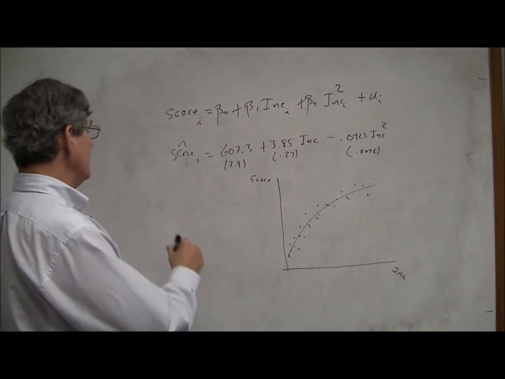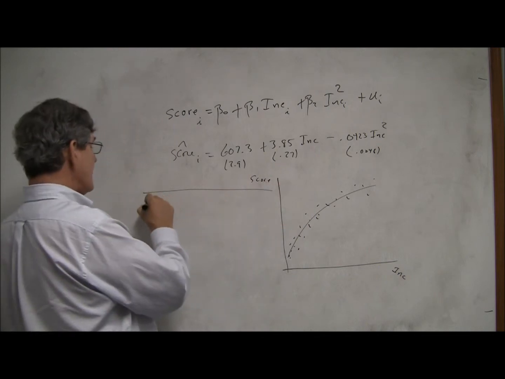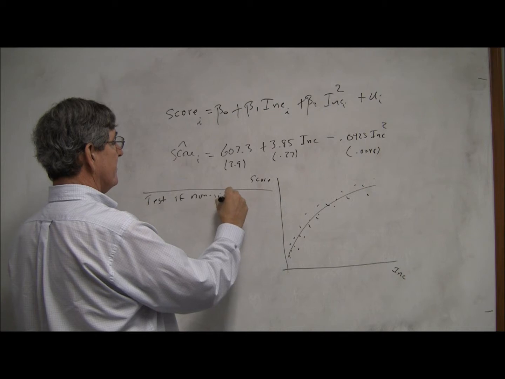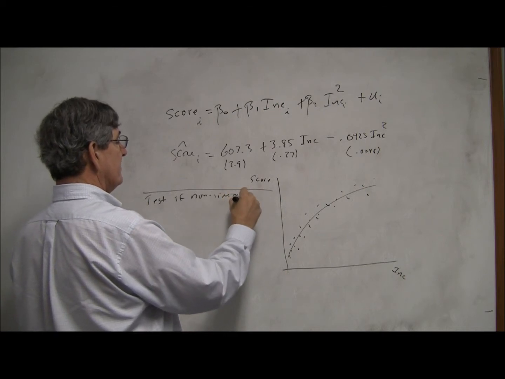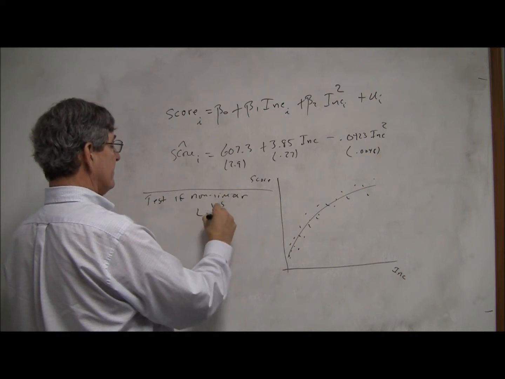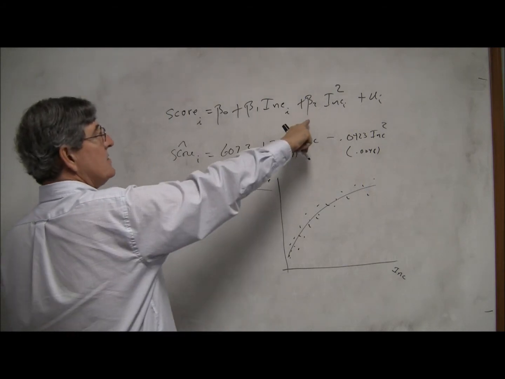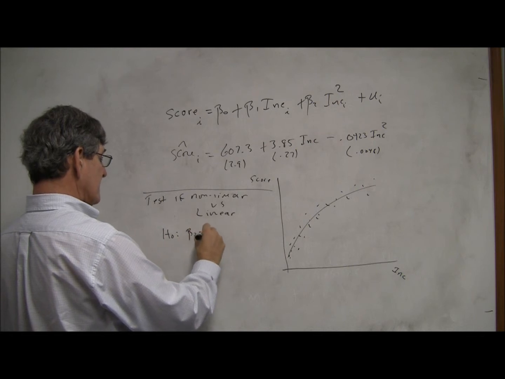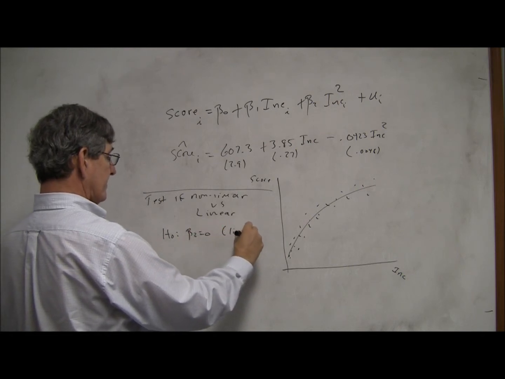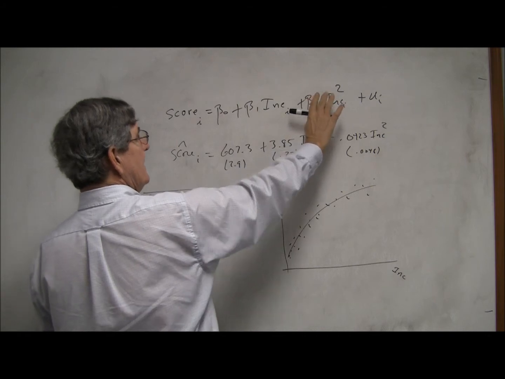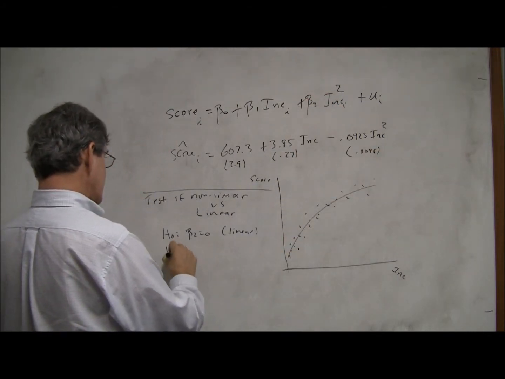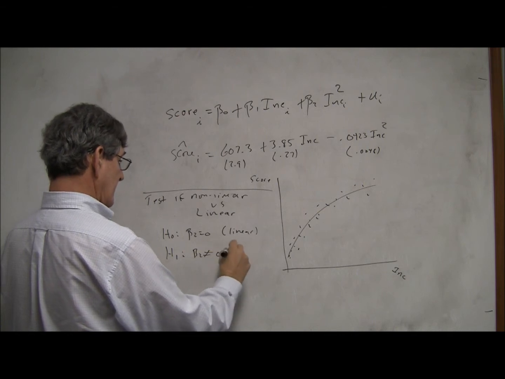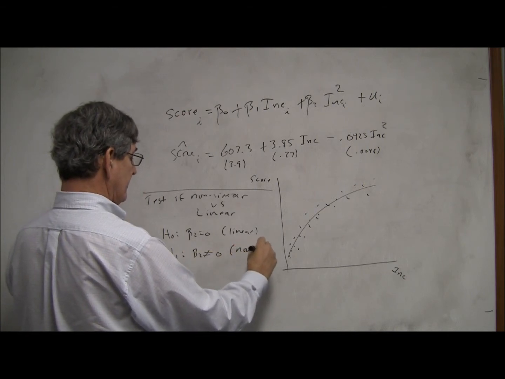Now, one thing you can do is to test if it's nonlinear versus linear. If beta 2 is 0, so the null there is beta 2 equals 0, that's linear. Because if beta 2 is 0, we just have a linear model, it's a straight line, versus beta 2 not 0, which would be nonlinear.